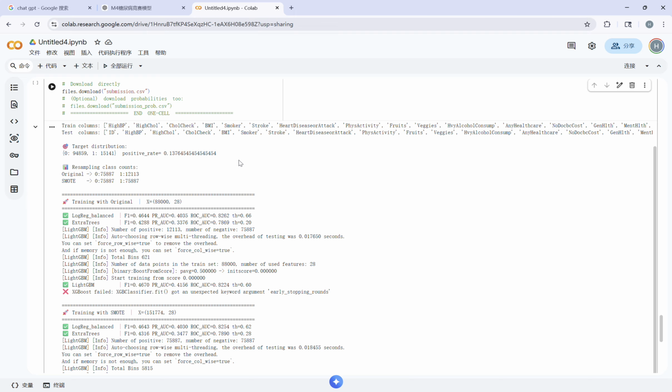Next, we create a reliable evaluation setup. We split the training data into a training portion and a validation portion using stratification, which ensures the positive to negative ratio stays similar in both sets.